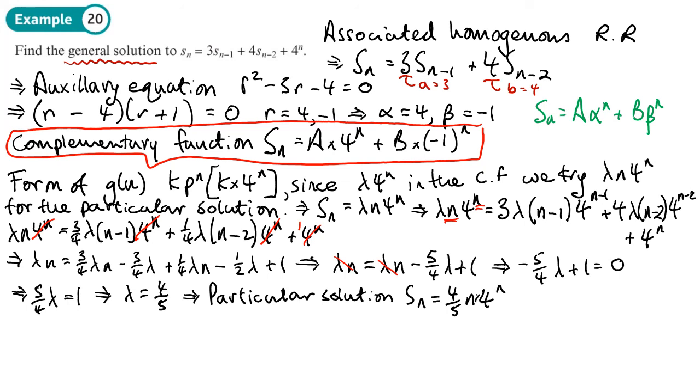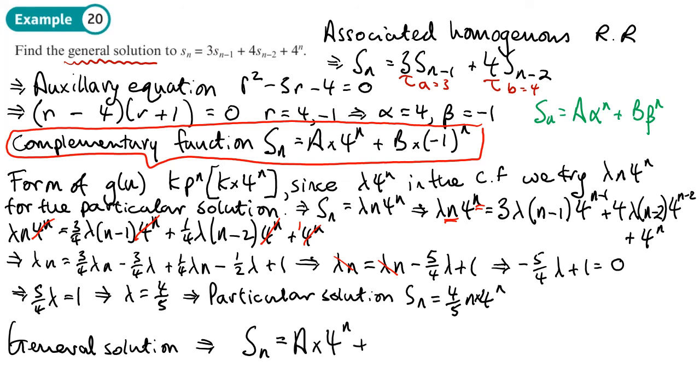Now our general solution is going to be those two bits put together. So Sn equals a times 4 to the power n plus b times minus 1 to the power n plus our particular solution, 4/5 n times 4 to the power n.